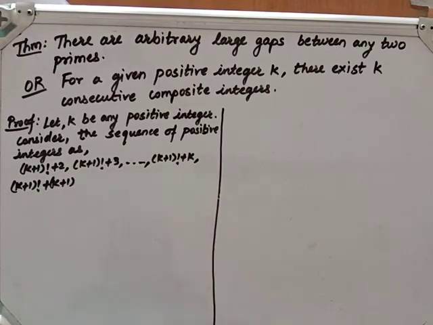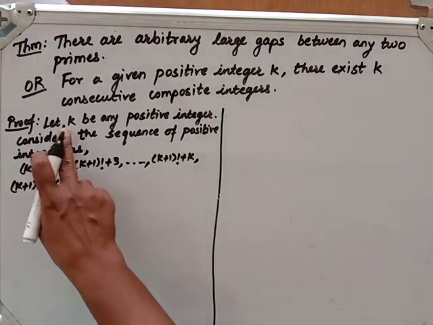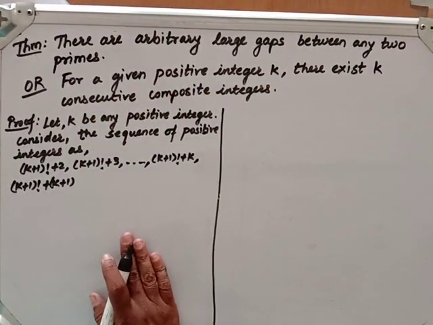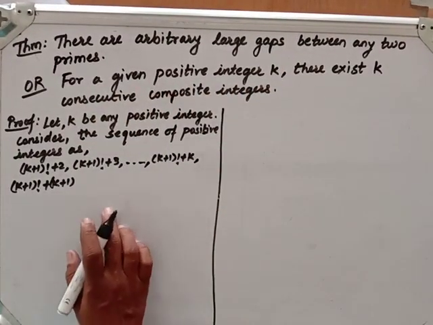Suppose these k positive integers, for a given positive integer k, are given to us. We will assume this.